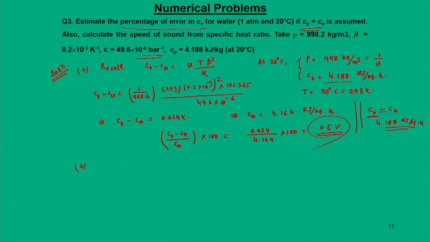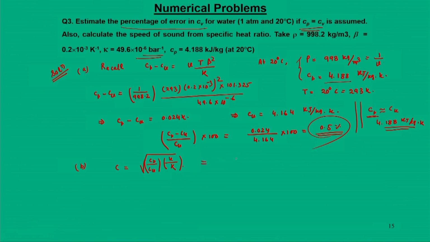The second part of the problem is very simple. I have already derived the relation for speed of sound c, and this is equal to the square root of Cp by Cv into V by kappa. These relations were already derived in the earlier slide.